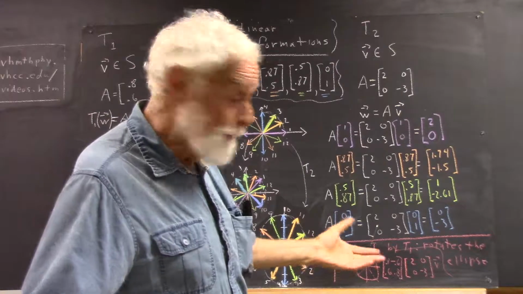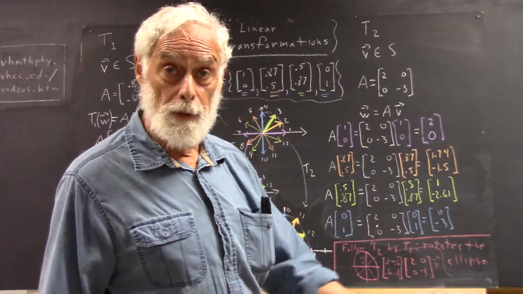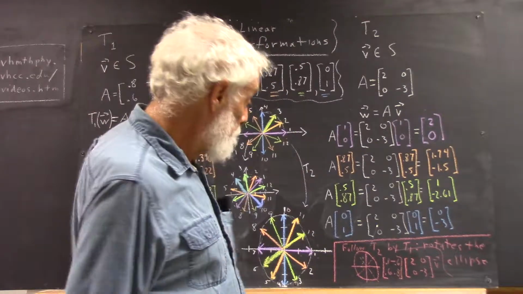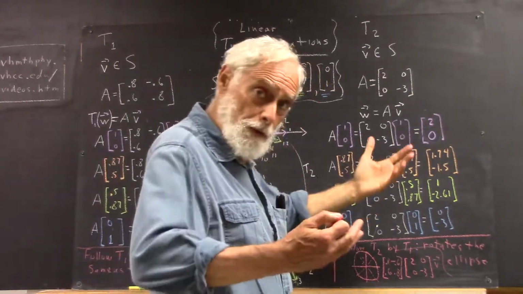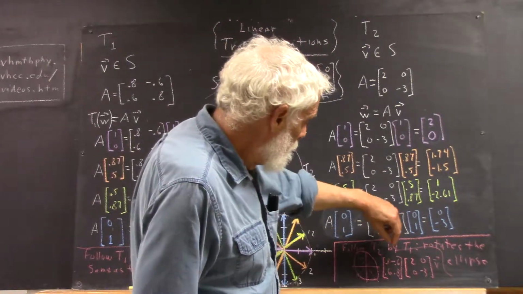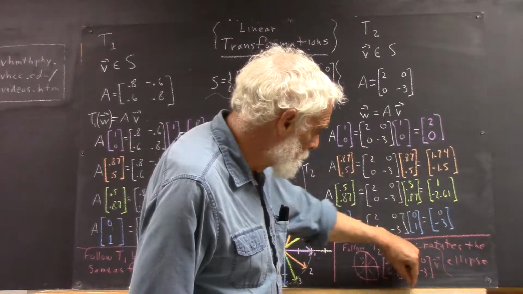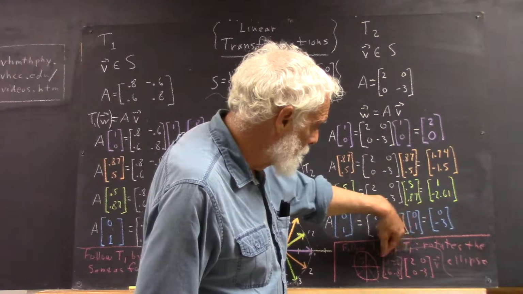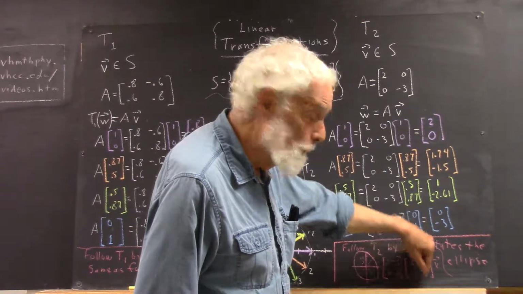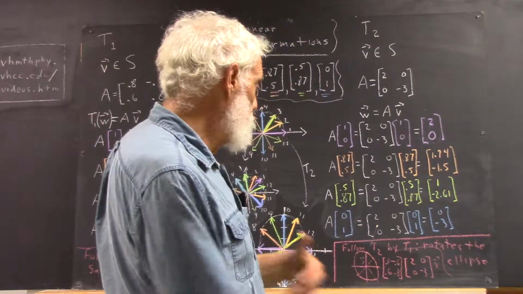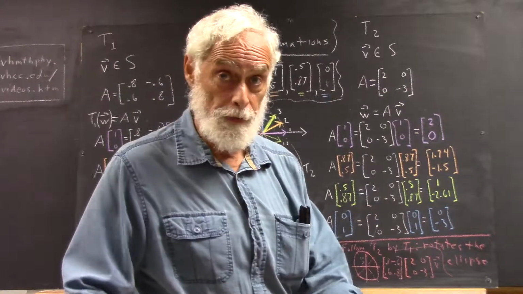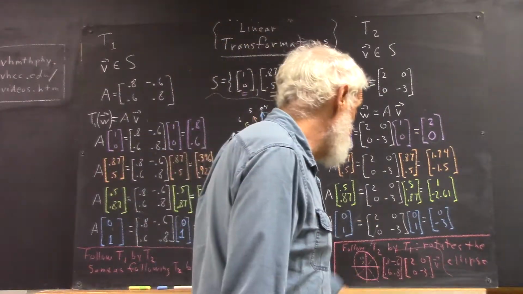Now, to multiply the matrices, you might know how to multiply matrices by the time you're viewing this, and you might not. You might have a sense of it, but just to either remind you or give you a little preview, it's not difficult. We just multiply the first row by the first column, first row by the second column, second row by the first column, second row by the second column. And we put each result in the row and column that it came from. So that's quite easy to do.